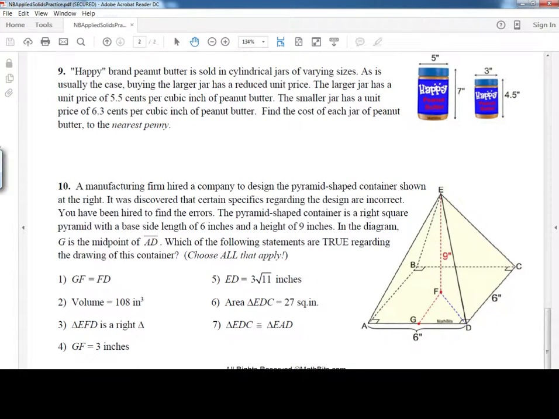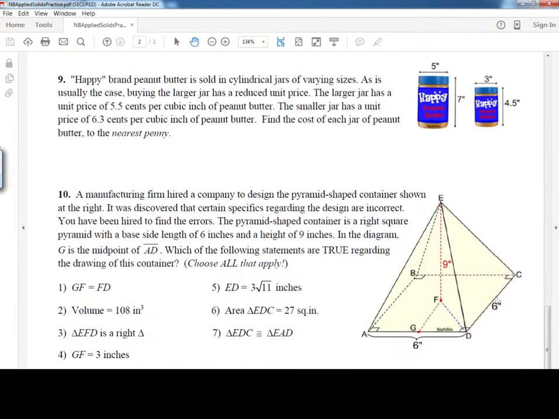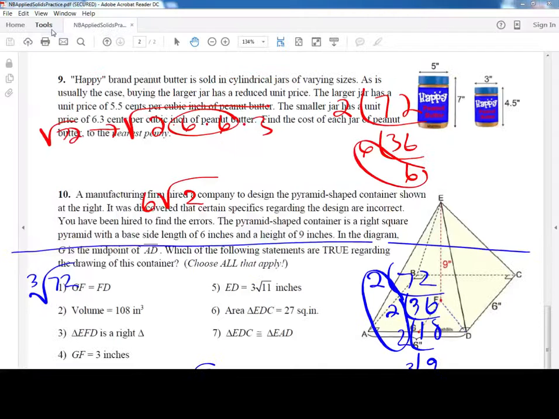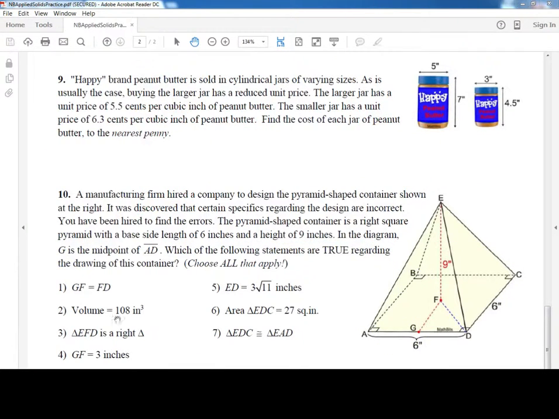Because you'd have to go here. Okay, so if we extend this to here, then technically this would be the height we're looking for, which is the hypotenuse. So we've got 9 squared plus 3 squared equals that hypotenuse squared.